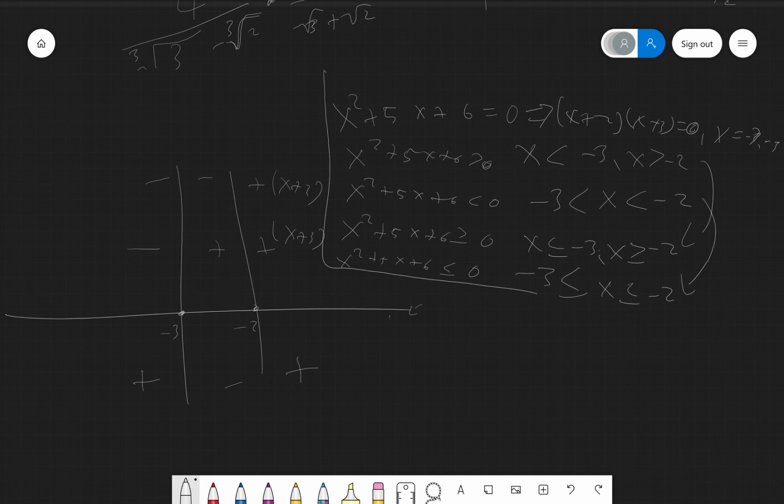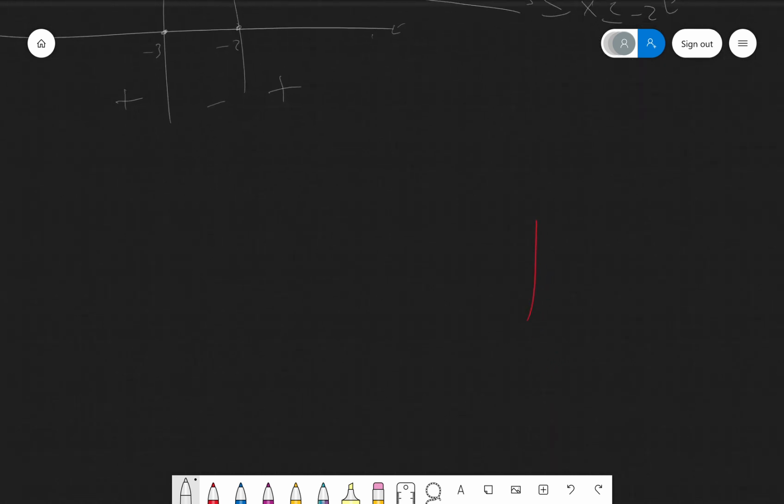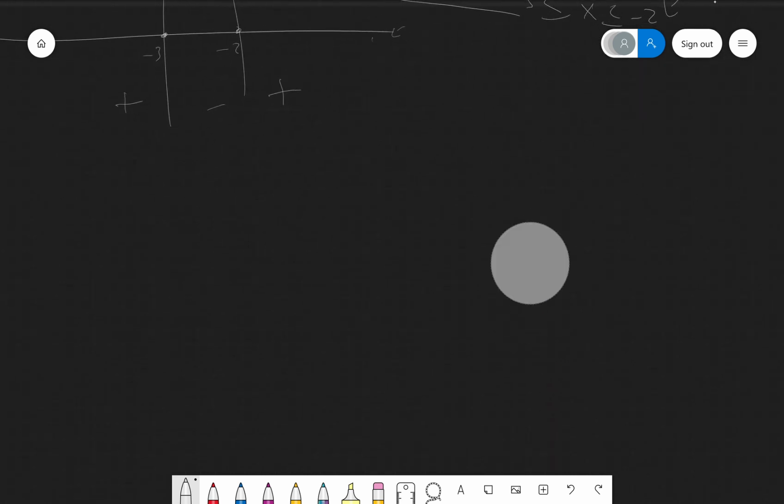Now we're going to talk about polynomials and what they are. A polynomial is really just an expression that has unknowns, usually just one, x, or sometimes a and b, many things.